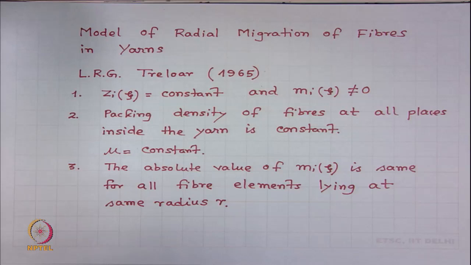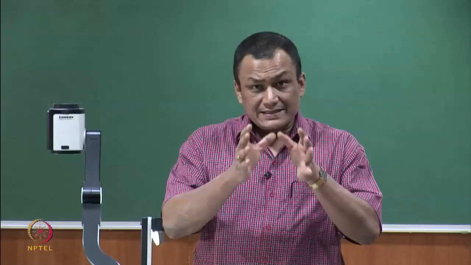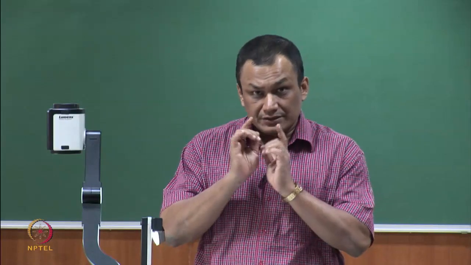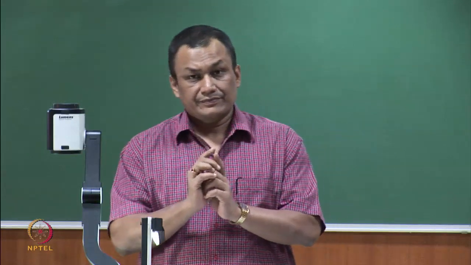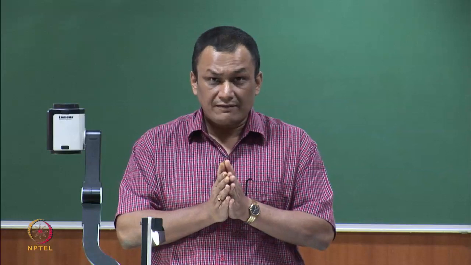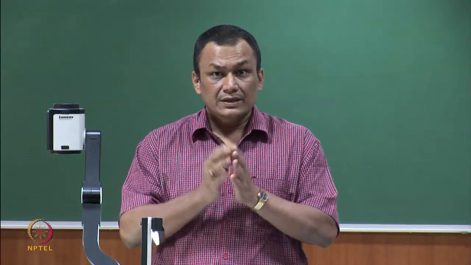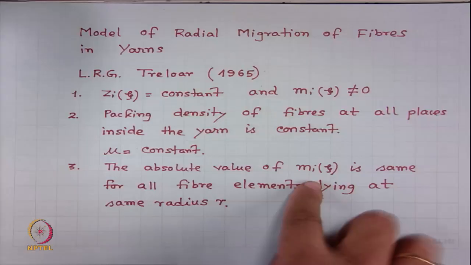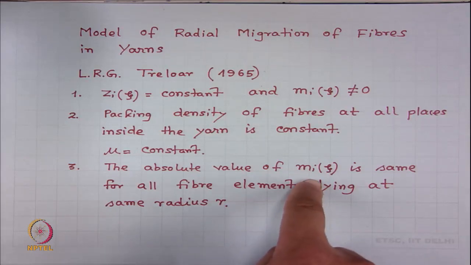What does that mean? Inside a cylindrical yarn, take any radius. At that radius, there are many fiber elements available. The absolute value of this dr by d zeta for all fiber elements which are lying at that particular radius is the same.